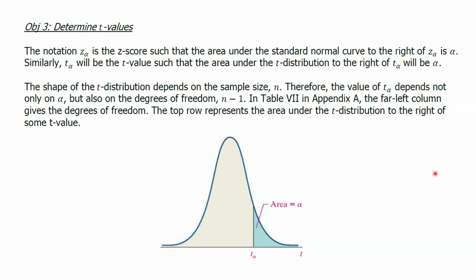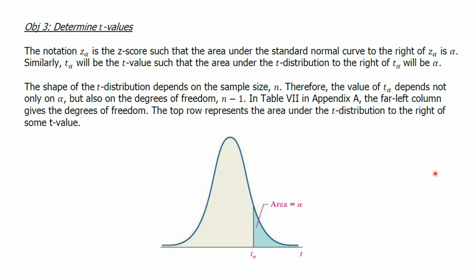All right. The shape of the t-distribution depends on the sample size n. Therefore, the value of t sub alpha depends not only on alpha, but also on the degrees of freedom, n minus 1.